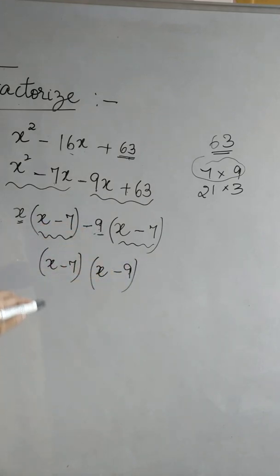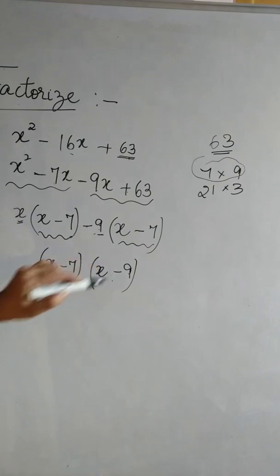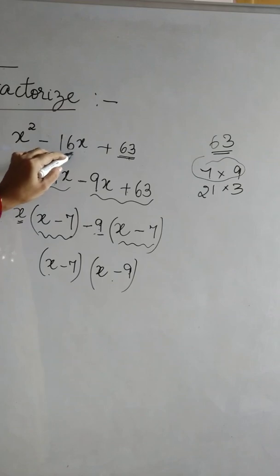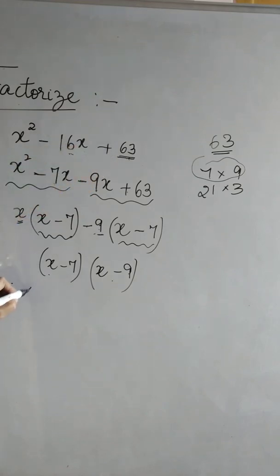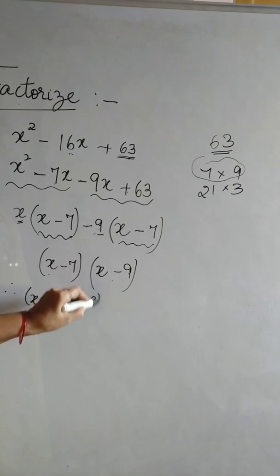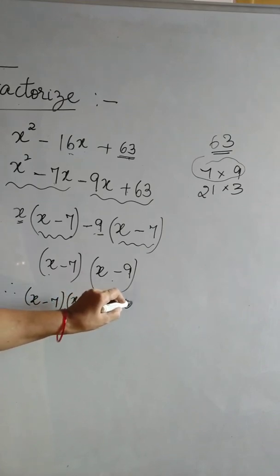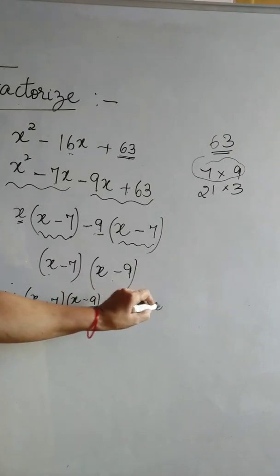So x minus 7 and x minus 9 are the factors of x square minus 16x plus 63.